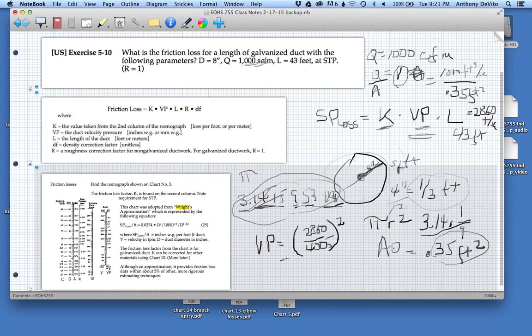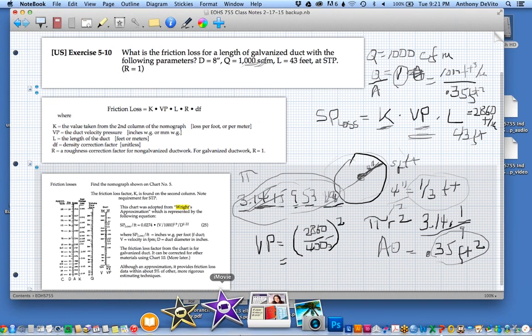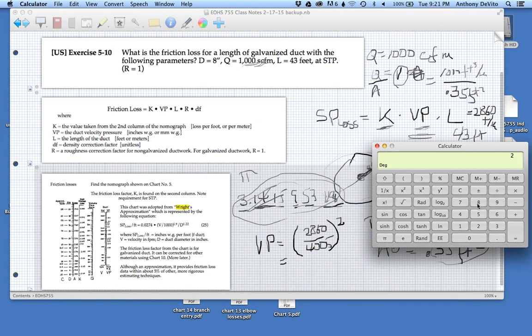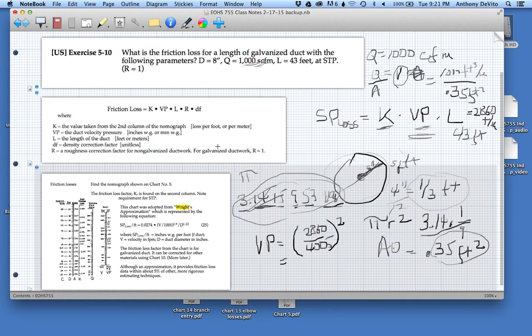That's 2,860 over 4,005, which equals 0.71, times itself is 0.51. Our velocity pressure is equal to 0.51 inches of water.